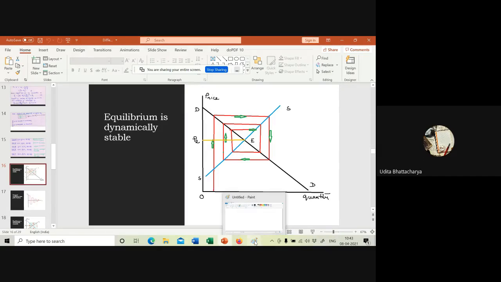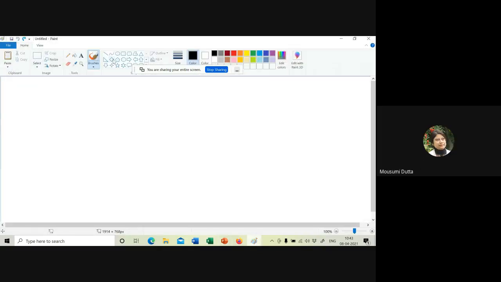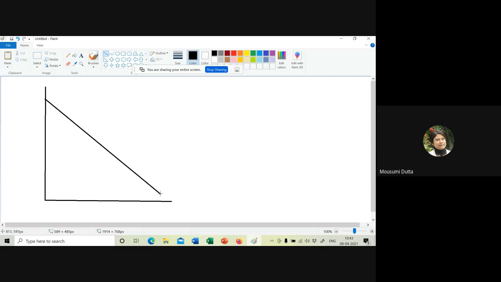Okay, so now I'll draw the thing in front of you. This is the demand equation. I hope everybody could complete up to this.